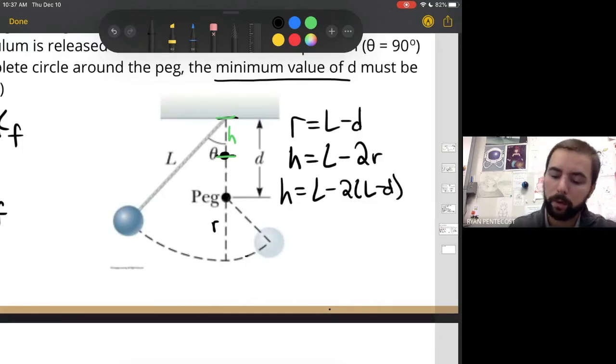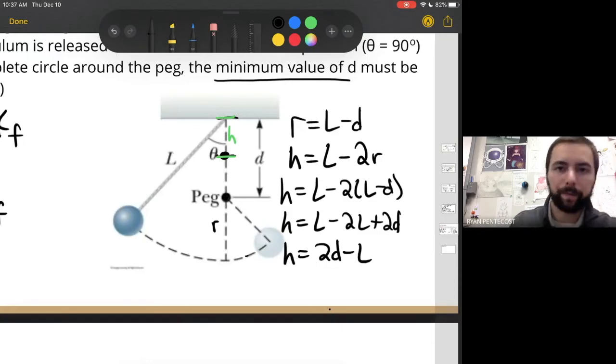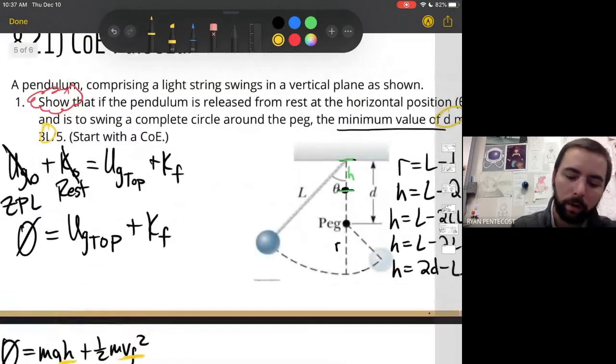The diameter is 2R. So that means our H is L minus 2L plus 2D. So H would be 2D minus L. And we need that specifically in terms of L and D because you can see D is in terms of L, not in terms of R.